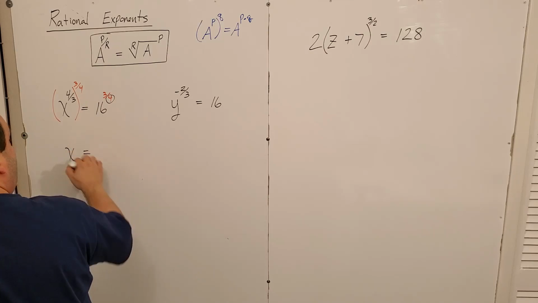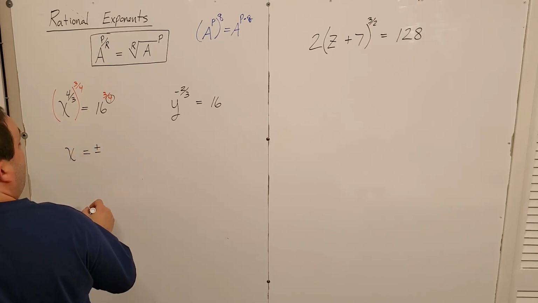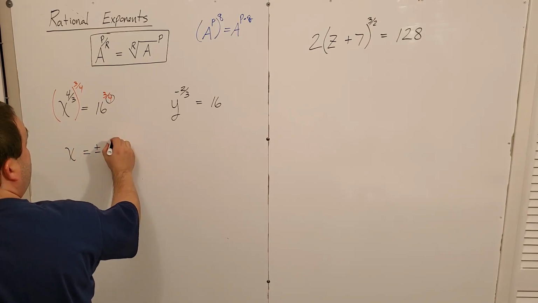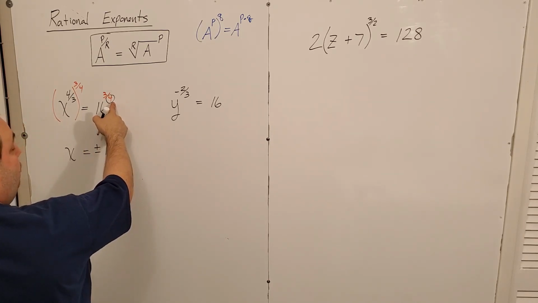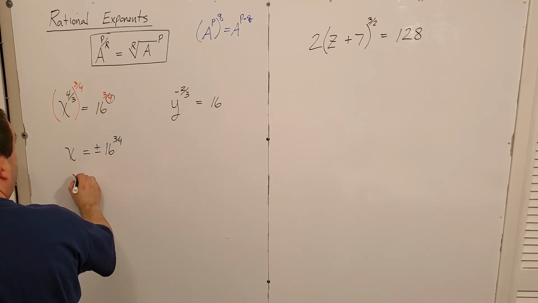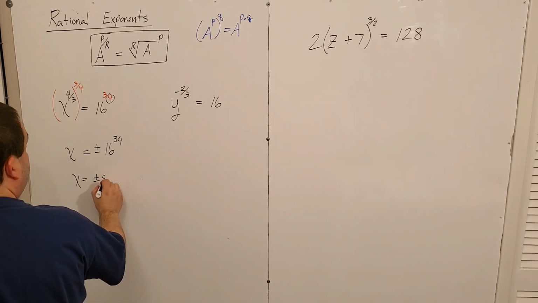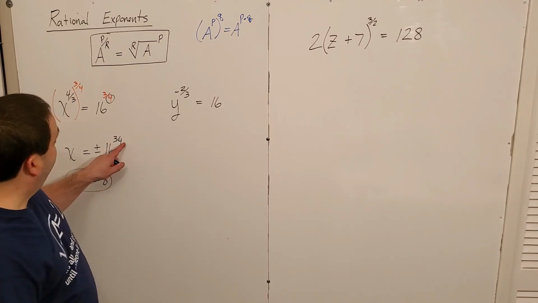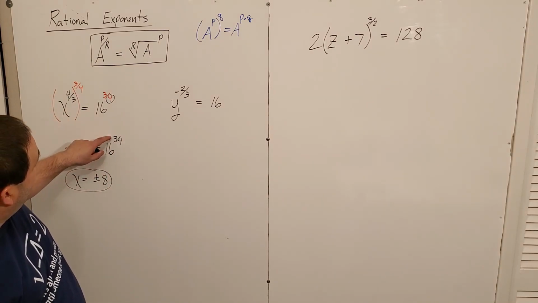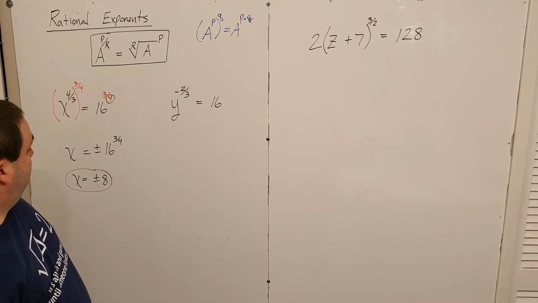So here, technically, I have to put plus and minus 16 to the 3/4. If it had been an odd root, I wouldn't have to do that. But I'm getting plus or minus 8 because it's 2 to the third power, right? The fourth root of 16 is 2, to the third power is then 8. Okay?